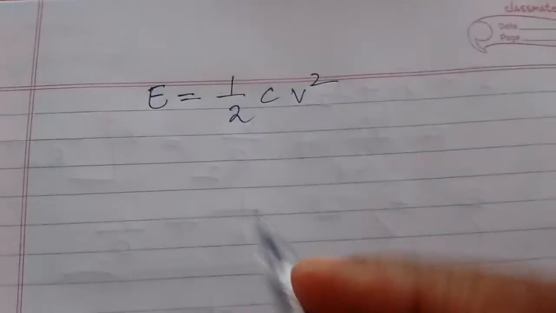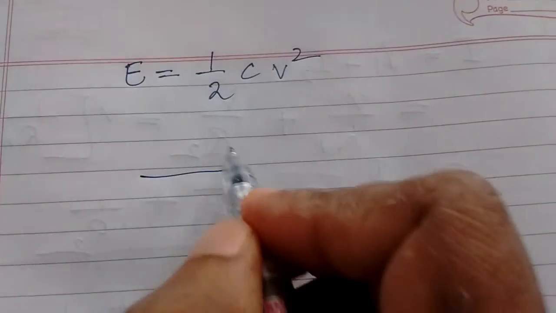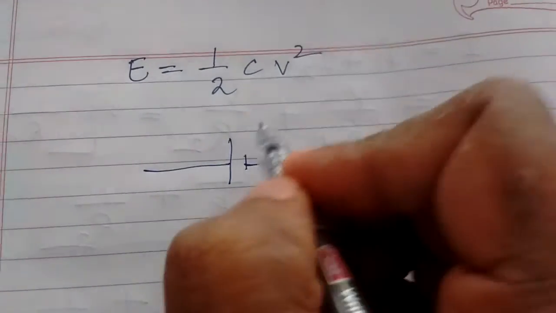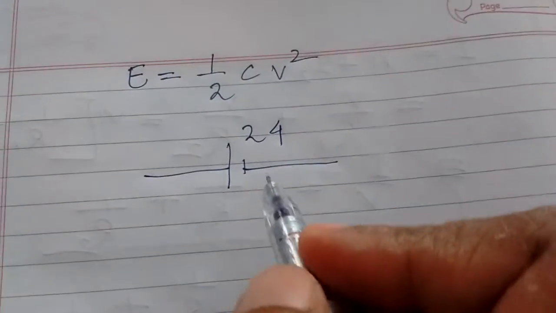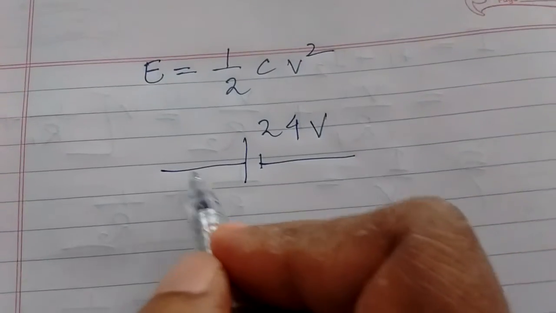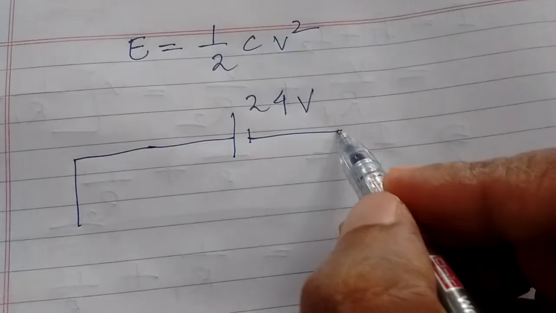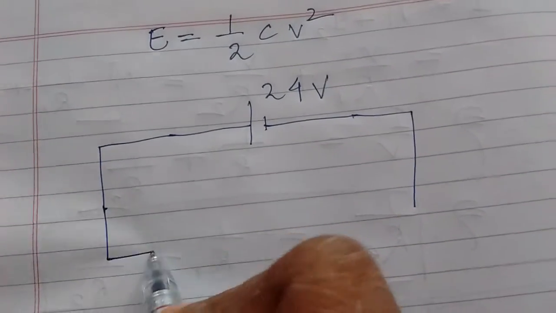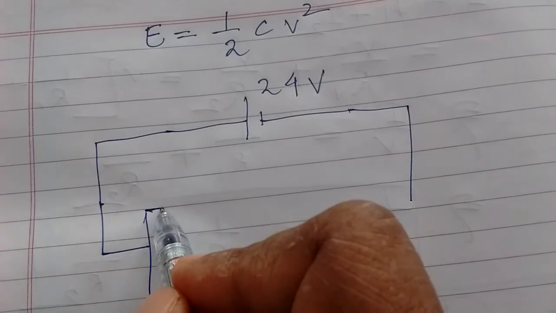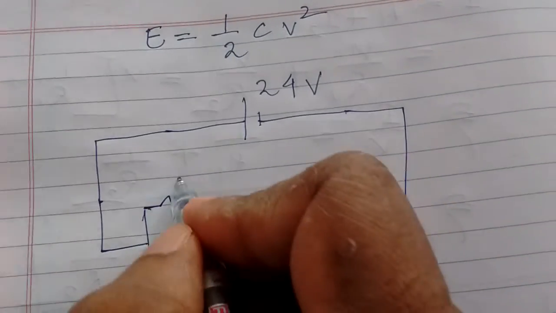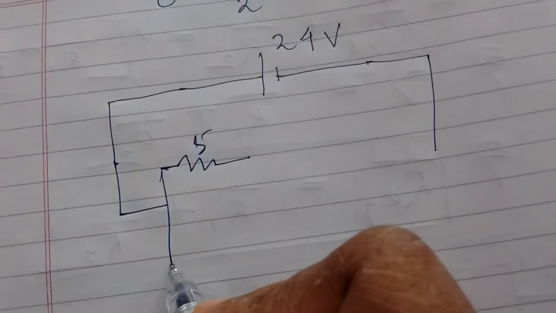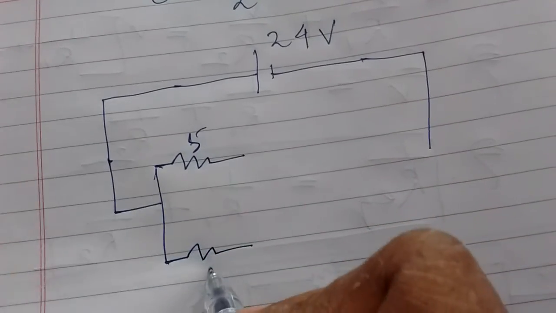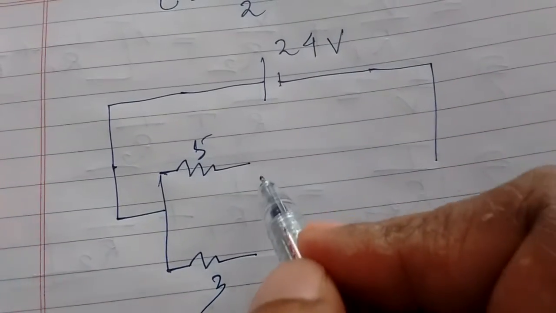Okay, let us draw the circuit again. 24 volt. This is 5 ohm. This is 3 ohm.